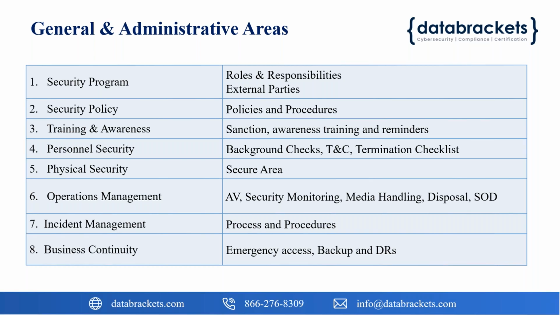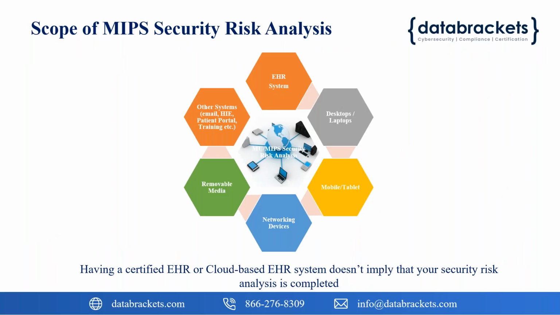So some of them are going to be applicable, some of them are not. Right. So the way we cover this as part of our security risk analysis is we take these six major areas, right? So your EHR system, your desktops and laptops, your mobile devices, and your networking. And if you have any removable media, those are some of the areas.